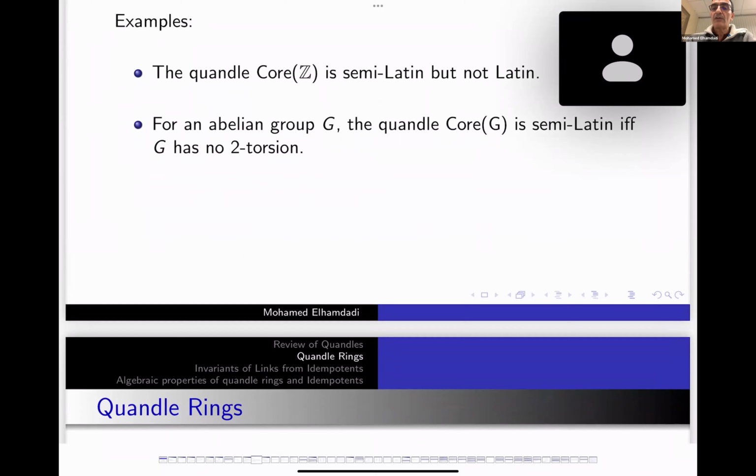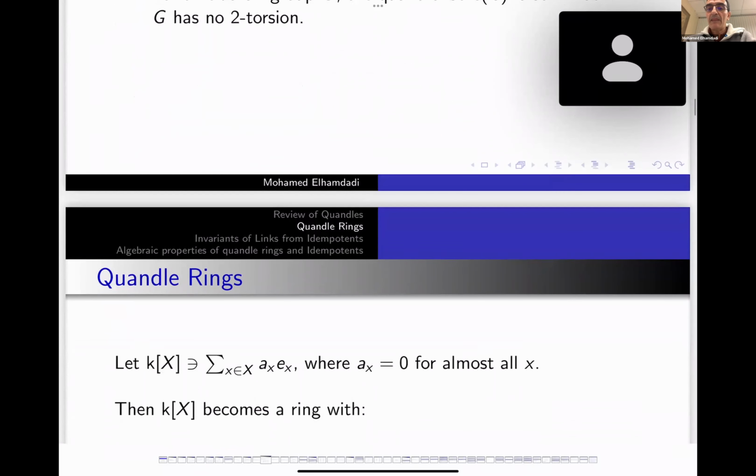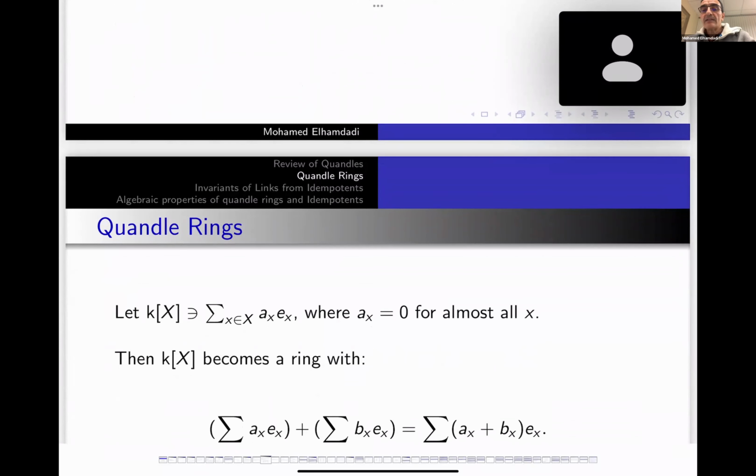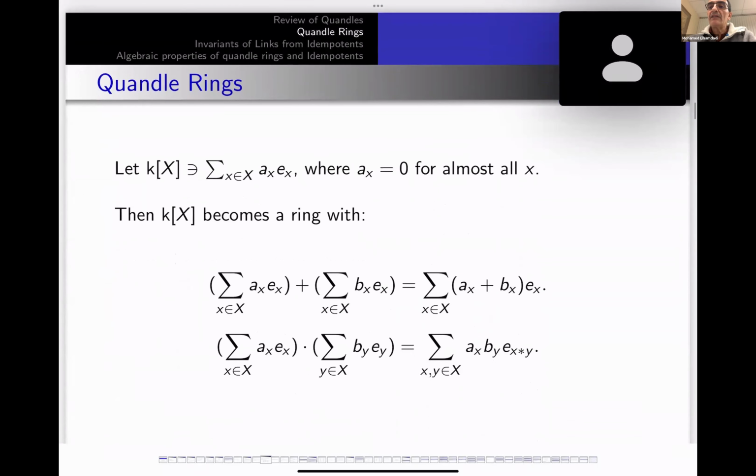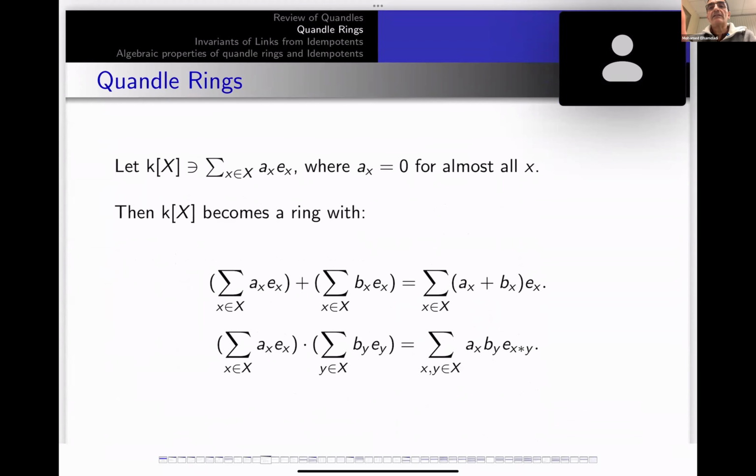Now let me start talking about quandle rings. As I said, in parallel to group rings, Bardakov, Passi, and Singh introduced the notion of quandle rings. Take a ring K, a quandle X, and consider the formal combination sum over x in X of a_x e_x, exactly like you do in the group case.